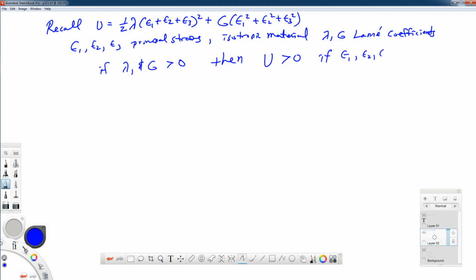They don't even have to be positive, but they can be positive or negative, and the U is going to be a positive term.